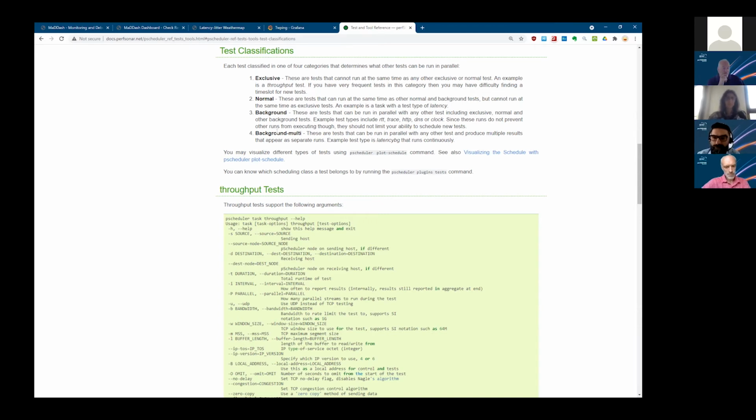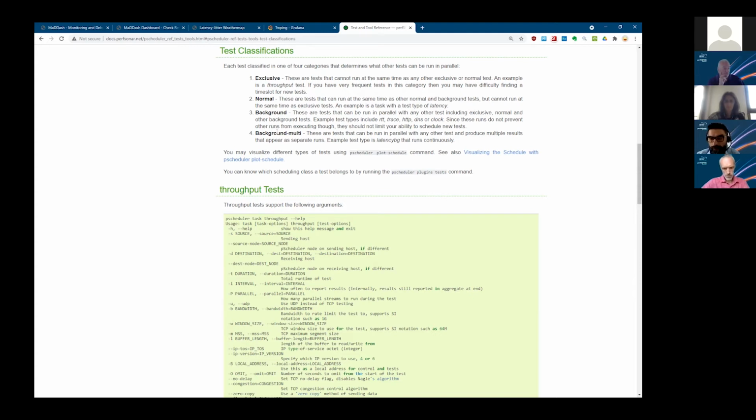While with normal, you can have multiple normal tests running in parallel. It's not possible to combine them with the exclusive, but still you can combine more normal tests together.